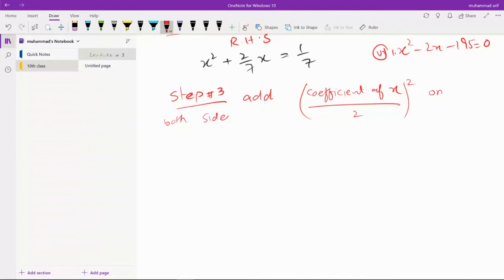In step number 3, what do we have to do? We add the coefficient of x divided by 2, take the square, and add on both sides.